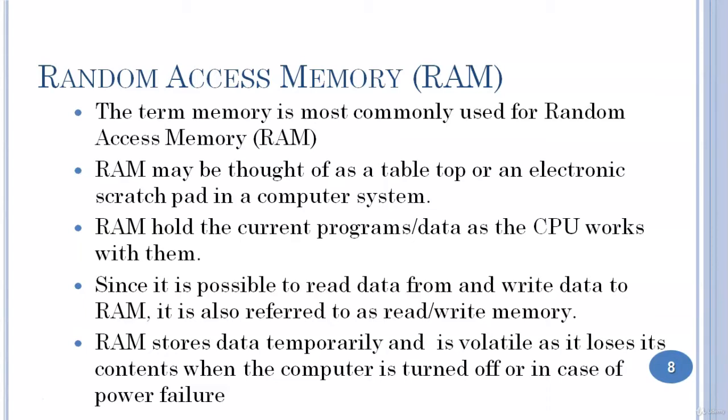RAM stores data temporarily and is volatile. What do we mean by volatile? Volatile means that RAM loses its contents when the computer is shut off or in case of power failure.